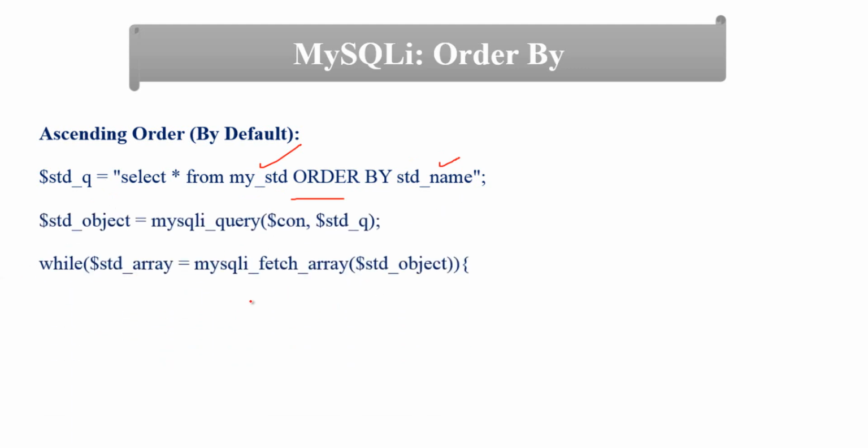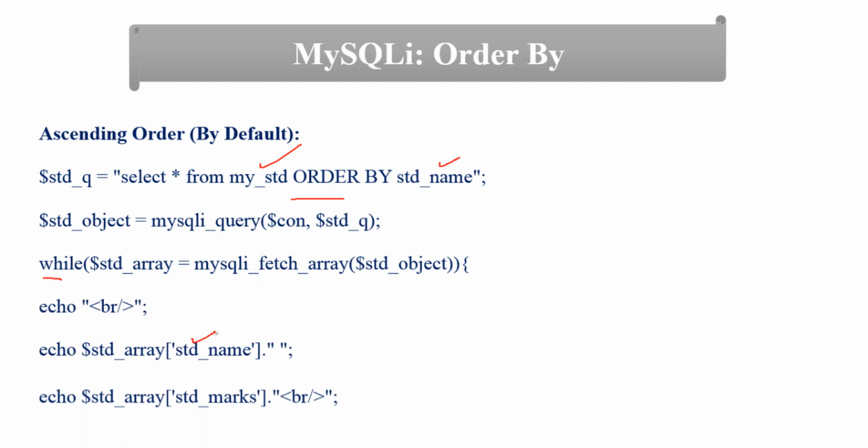Because you want to display all the records, we will use a while loop, and that object will be converted to an array. Using the array, we can access the keys and get values like std name and std marks. This record will be displayed to the user. You can also access more columns, for example id, city, and more.